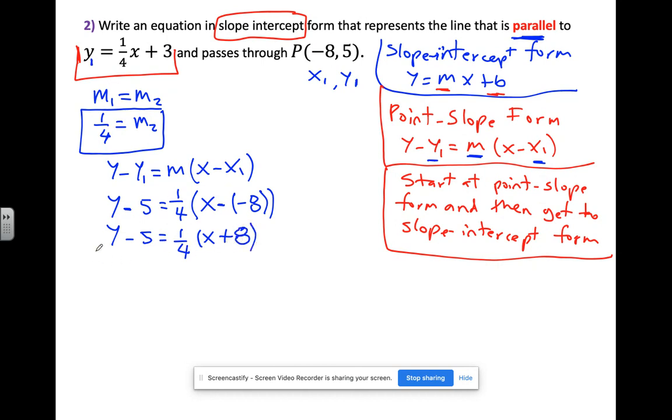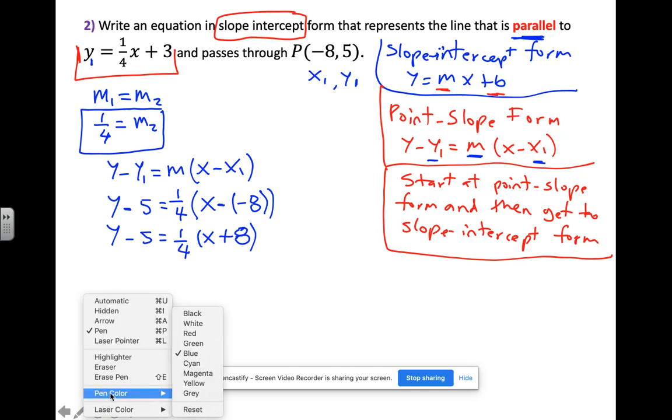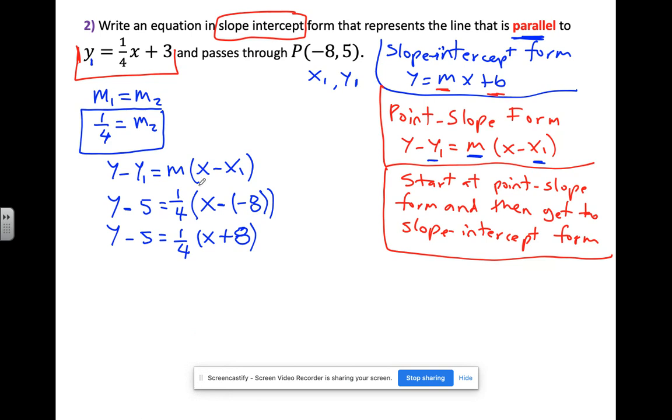So now it's a matter of just solving and leaving the y by itself. If I have a 1/4 in front of a parenthesis, that means I have to multiply that 1/4. I have to distribute that. 1/4 times the x is 1/4x, and then 1/4 times 8 is, let me make this a fraction, 1 times 8 is going to give me 8 on the top, and the bottom is 4 times 1, which is 4.